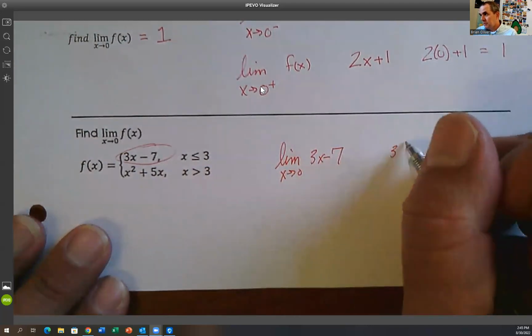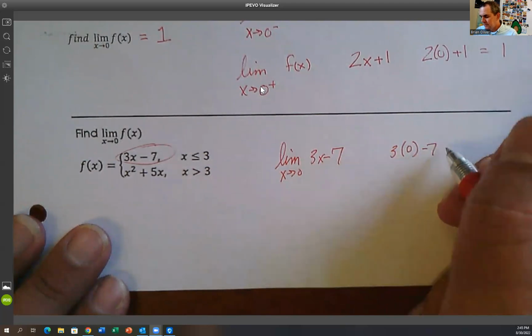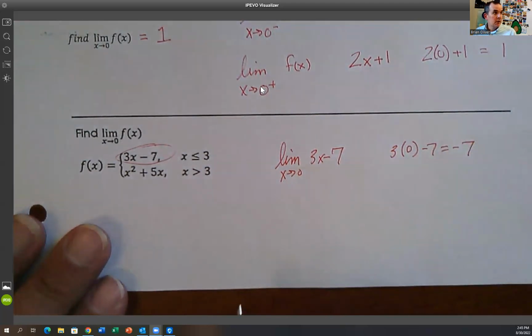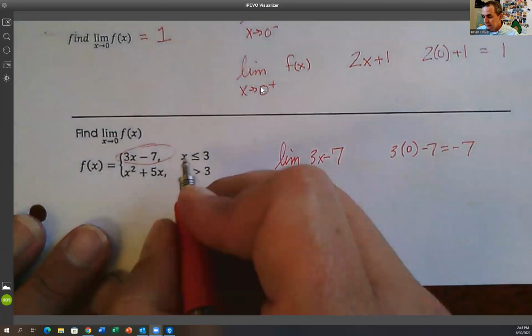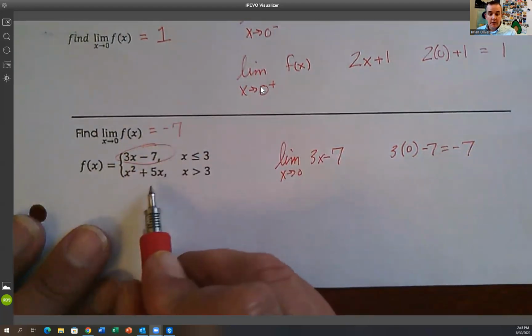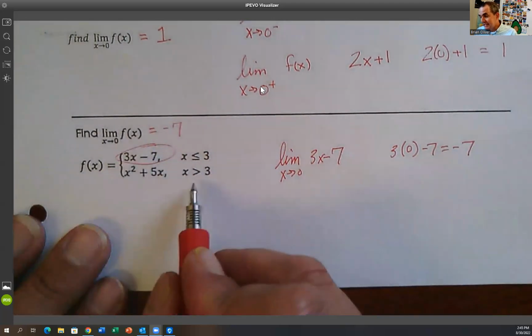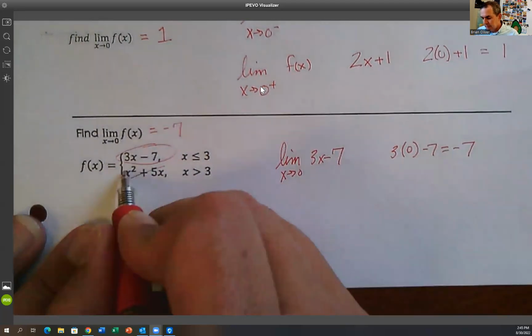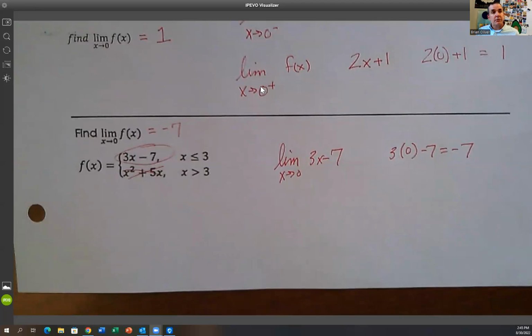I'll substitute 3 times 0 minus 7 and get negative 7. So this limit is in fact negative 7, because I don't care about the other piece, since 0 is not greater than 3, so I will never use that one. That was our limit of piecewise, and the homework had to do a little more with piecewise than anything else.